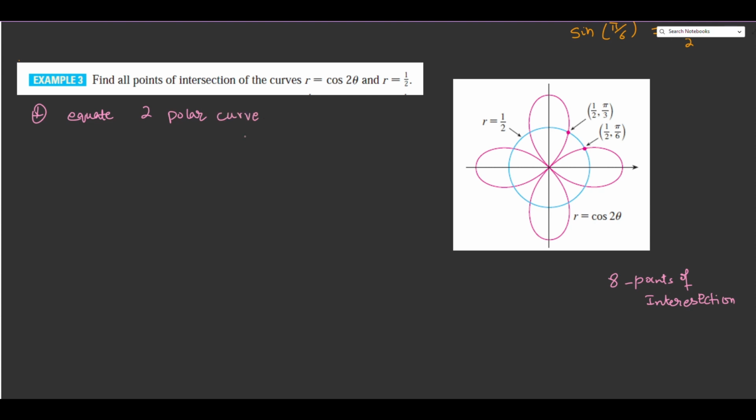So what do we get here? We are going to get cosine of 2 theta equals 1 by 2.